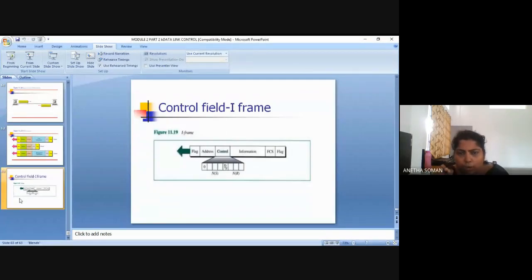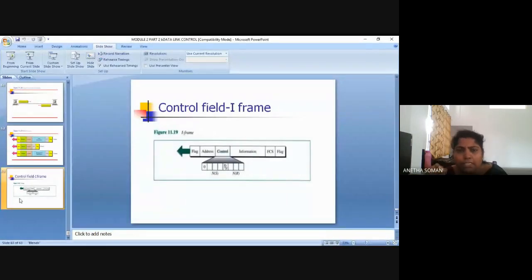If the first bit of the control field is 0, that means the frame is an I frame, an information frame. If it is some other frame, it will be different, so note that down.